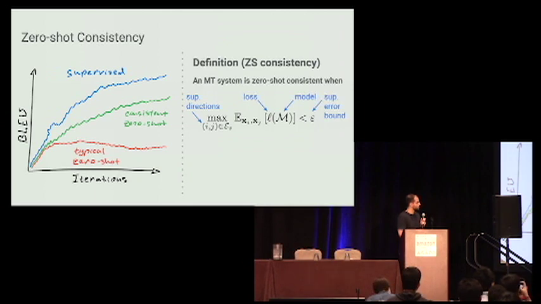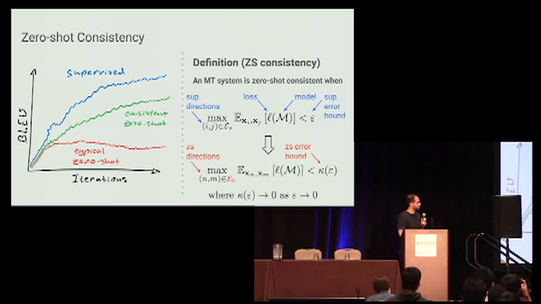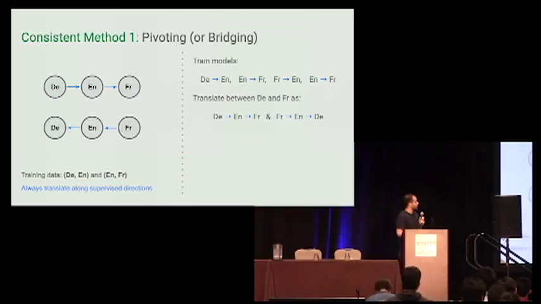And we would like our model to also have a bound on the loss on the zero-shot directions. Basically, if the loss is bounded on the supervised directions, it should imply that it is bounded on the zero-shot directions. And importantly, when the model is perfect on the supervised directions, we want it also to be perfect on the zero-shot directions.